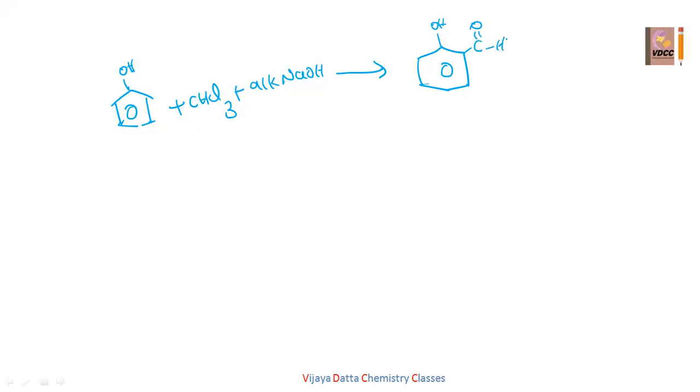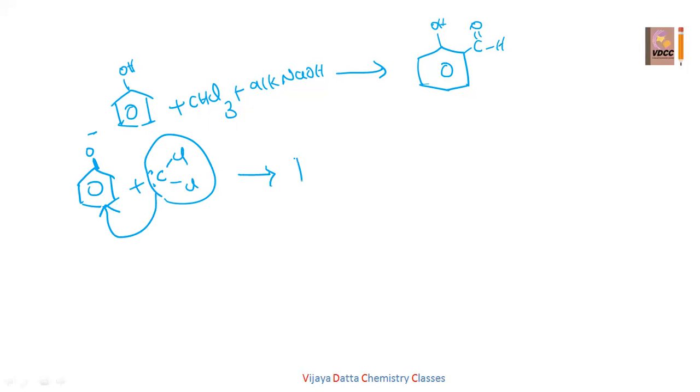Here, we have taken the phenoxide ion. This phenoxide ion reacts with the carbene. If this carbene attacks at the para position, then the product will be the para isomer, with O minus.